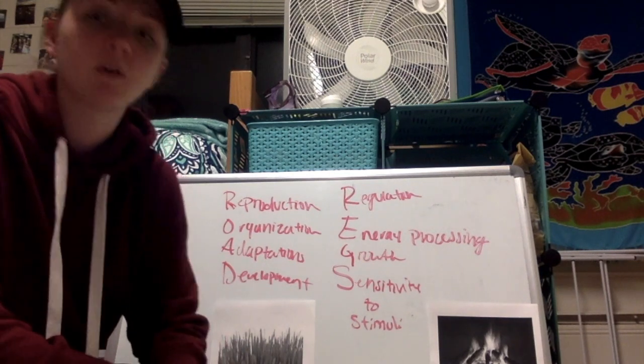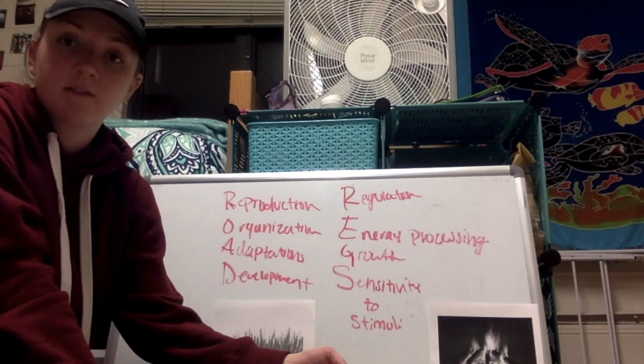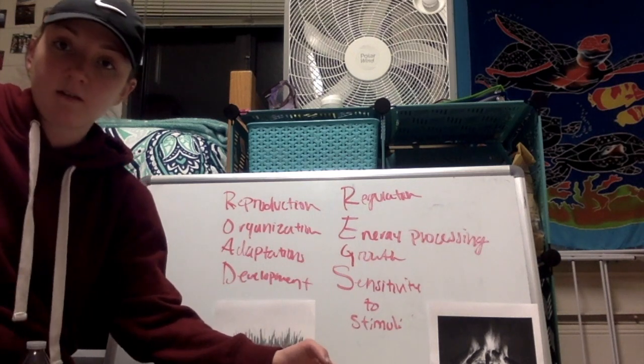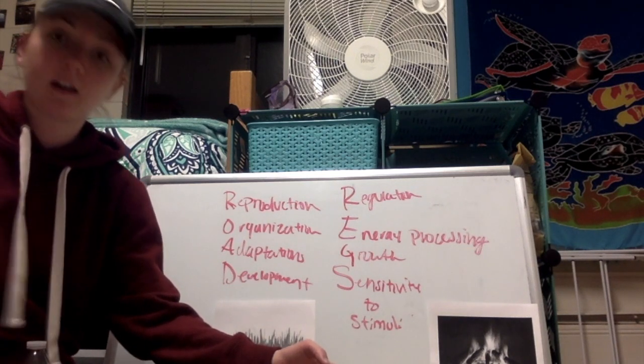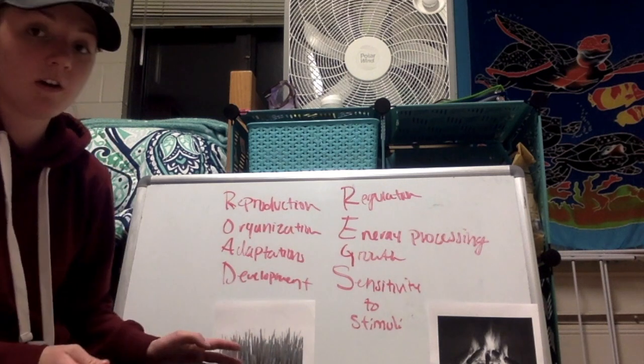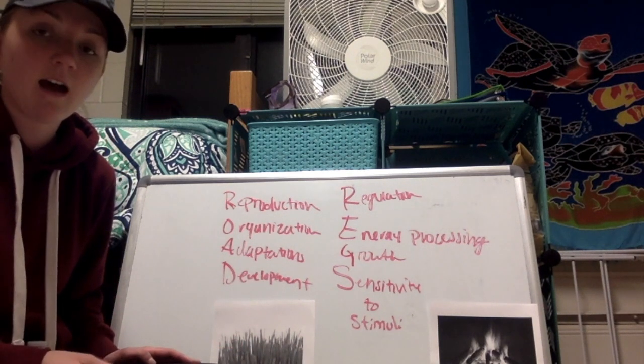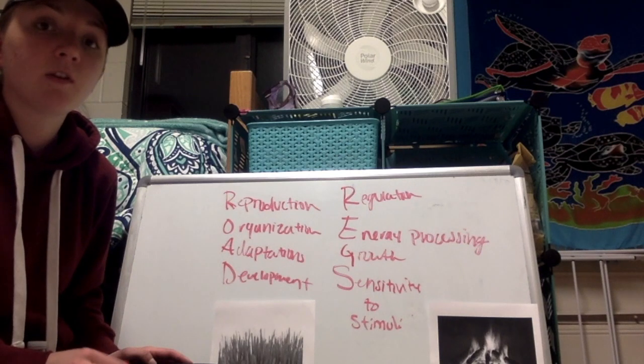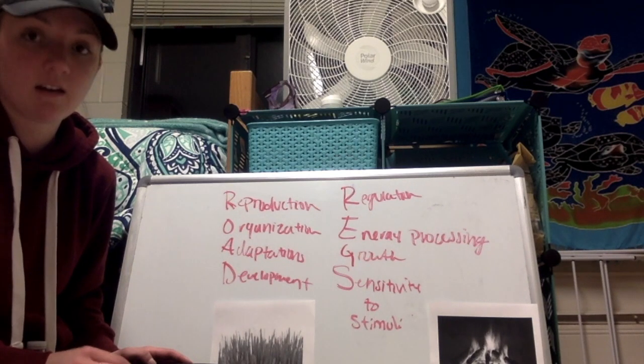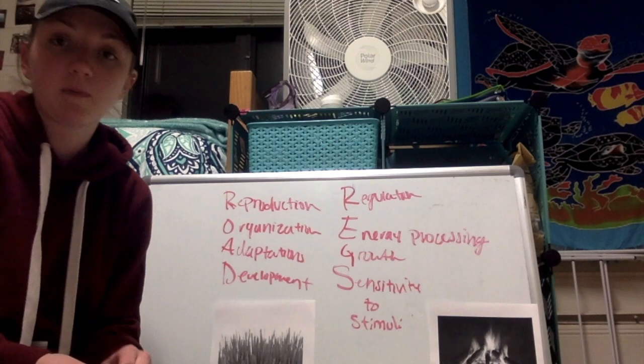So for this example, fire does have some living characteristics. However, grass does not have any living characteristics. However, there may be living organisms in the grass that help the grass survive.